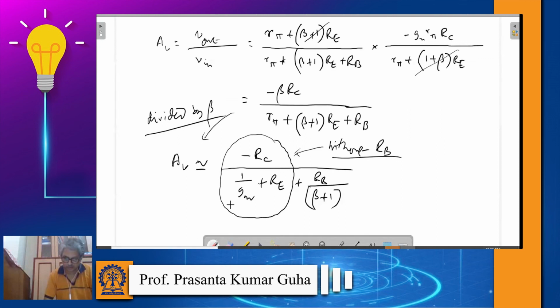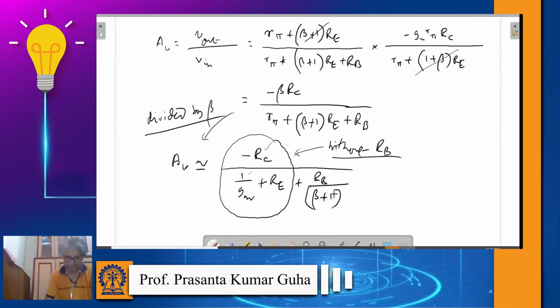I hope you appreciate that. Otherwise we will not get that exact expression. But if you put RC, RE, RB, GM, you will get almost the same gain whether you choose beta or beta plus 1. To get this nice simple expression, analogous to that when there is no RB, I had to divide some parts by beta and this part by beta plus 1.